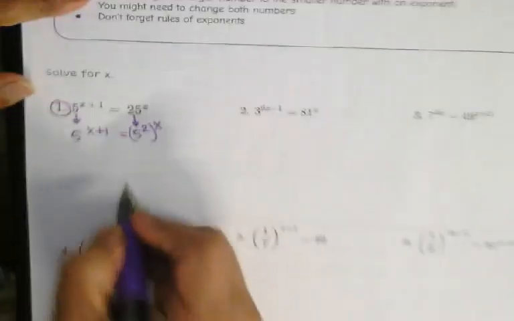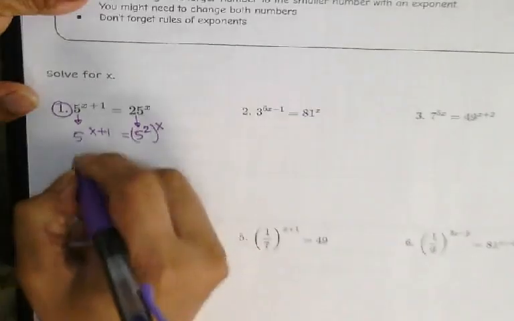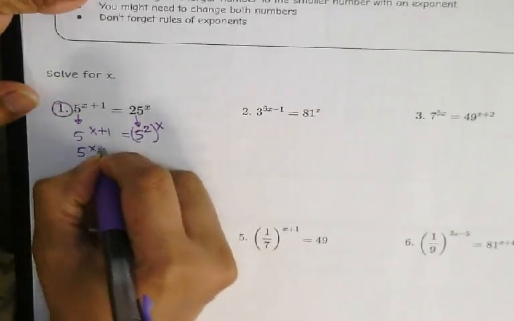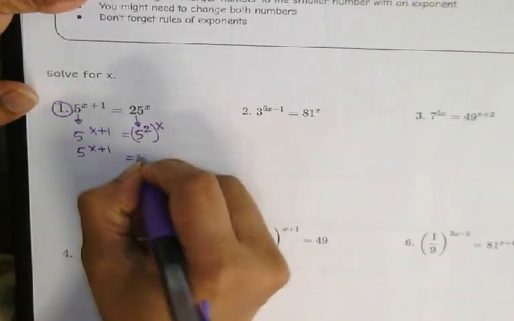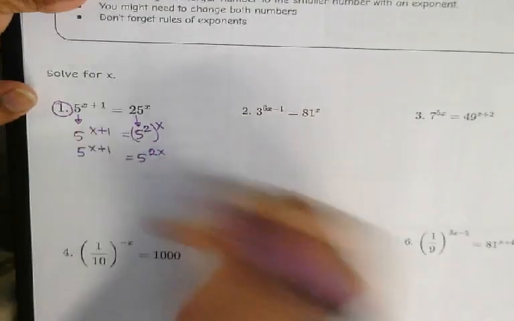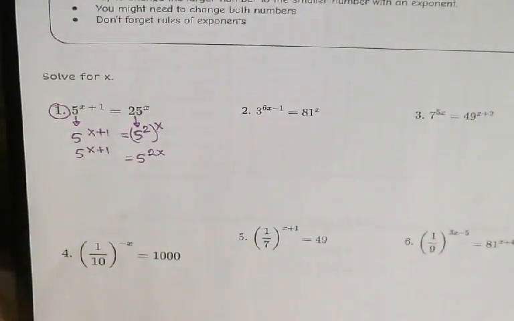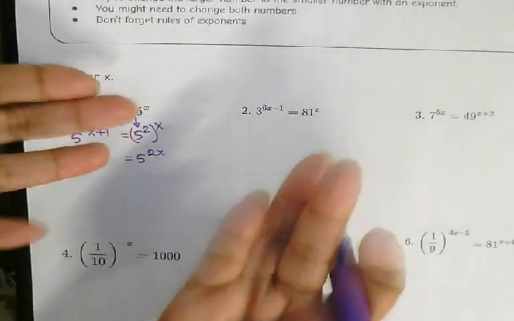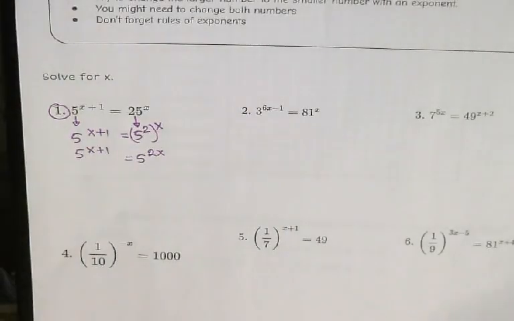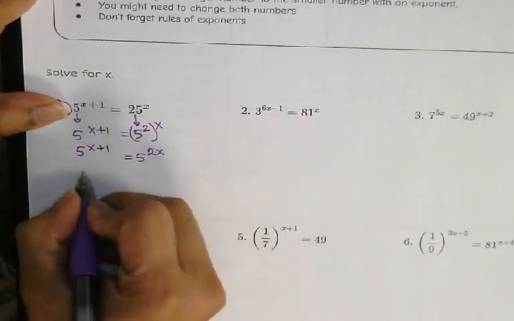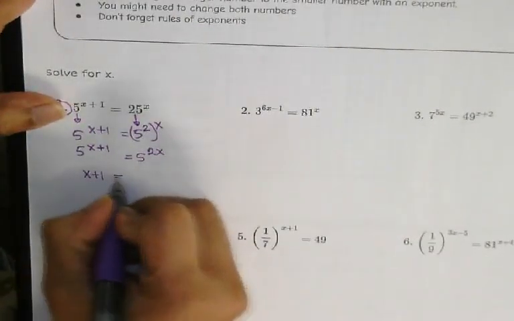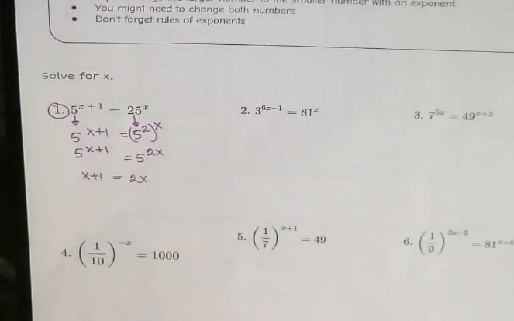All right. Now here, power over a power, what do we do? We multiply them. So 5 to the power 2x. Once you reach the point where both your bases are exactly the same, we just get rid of the base. There is no base anymore. We make it a regular equation. So the only thing left over here is x plus 1 is equal to 2x.